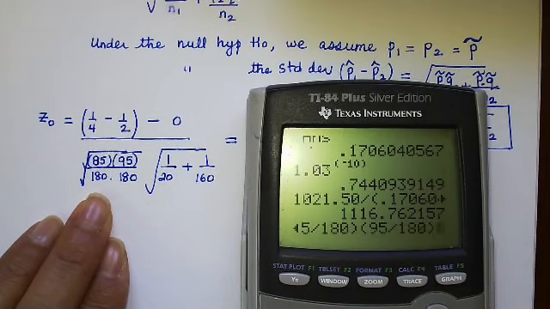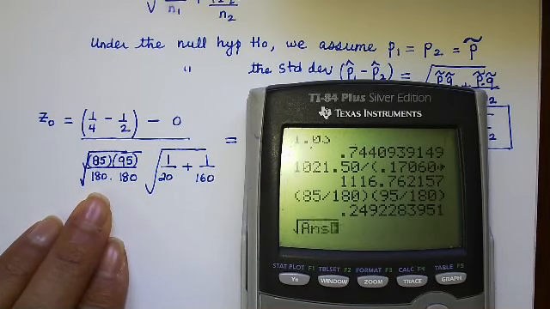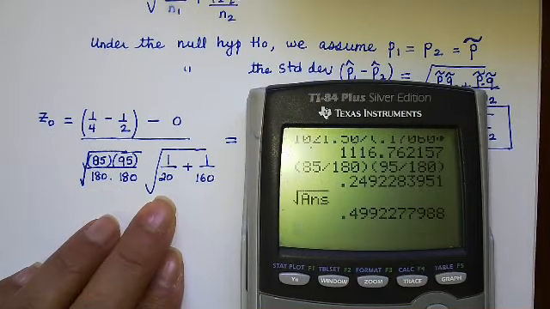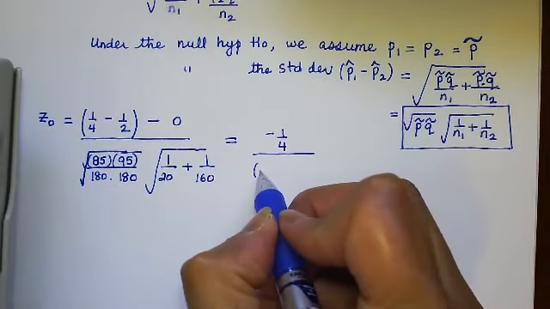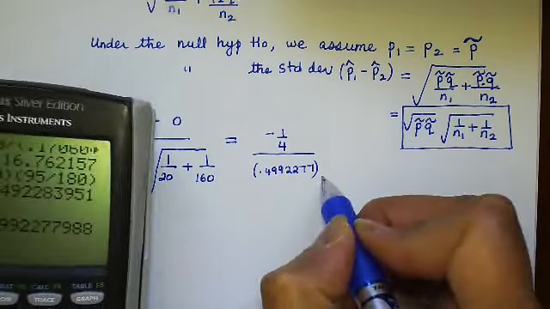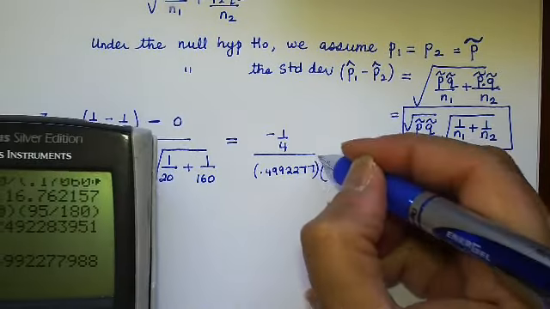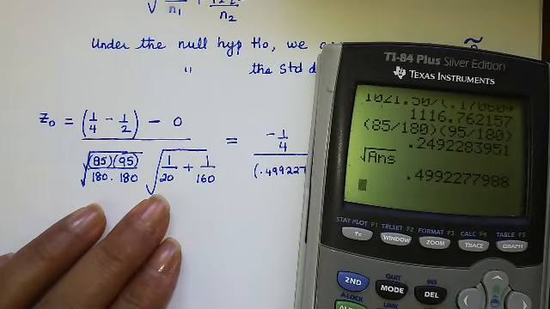I have 85 over 180 times 95 over 180. Take the square root of that. So 0.4992277.